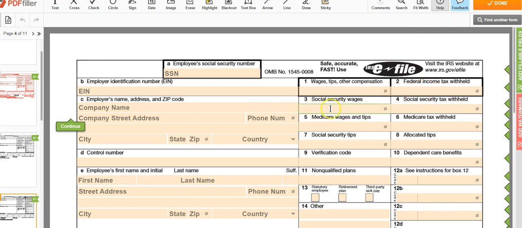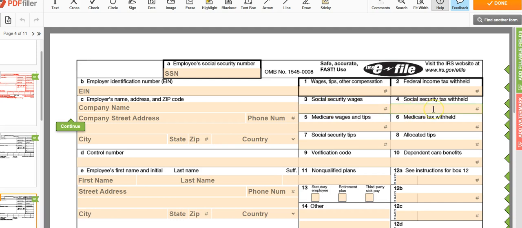Okay, box 3 is your Social Security wages. Now, usually box 3 is the same number that's in box 1. Sometimes it's a little different, and I'll explain when I get down to box 12. But box 3 is your Social Security wages. That's your taxable amount.